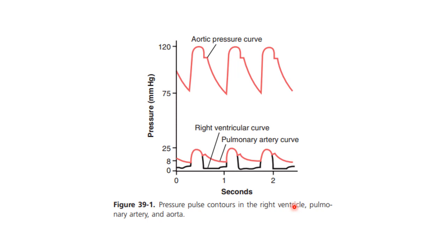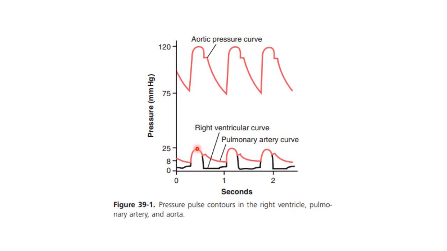So as you will notice, during right ventricular contraction, the pressure in the right ventricle and the pulmonary artery will be at 25 mercury millimeters. So that is the pressure during ventricular contraction of the right ventricle.